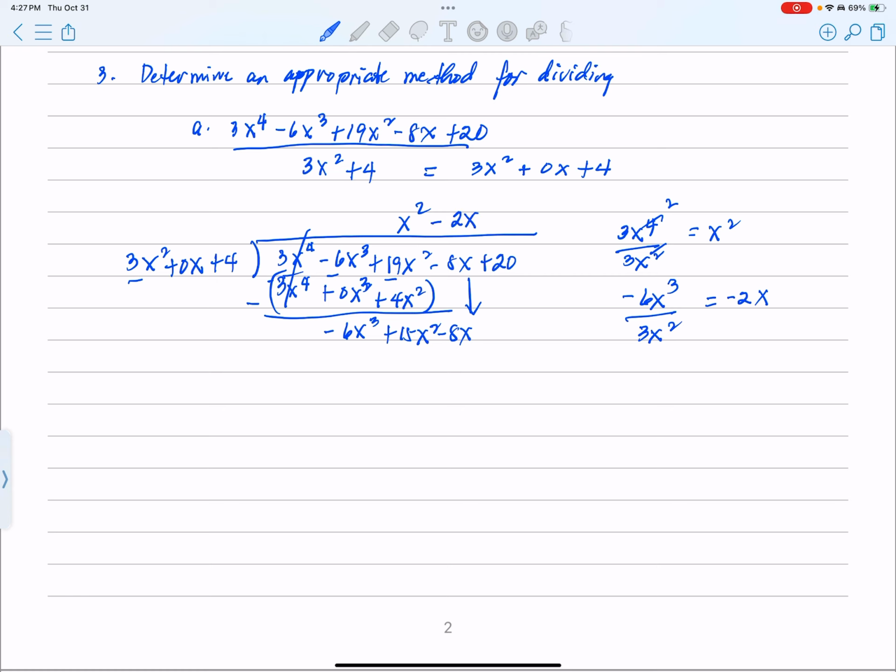You are asked which of these determines the appropriate method for dividing. Is it long division? Is it synthetic division? Or is there another way of doing it?